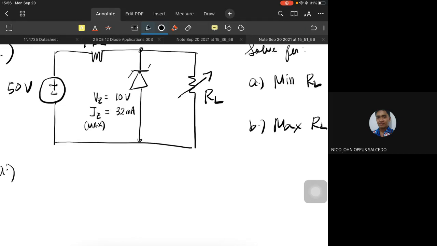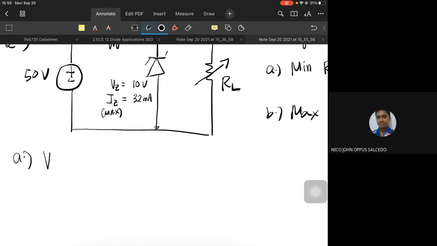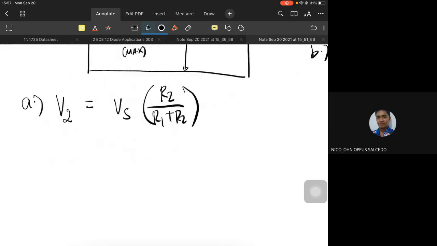Automatic. So we'll use that for our calculation. To solve for V2, using voltage divider, V2 is equal to Vs R2 over R1 plus R2.